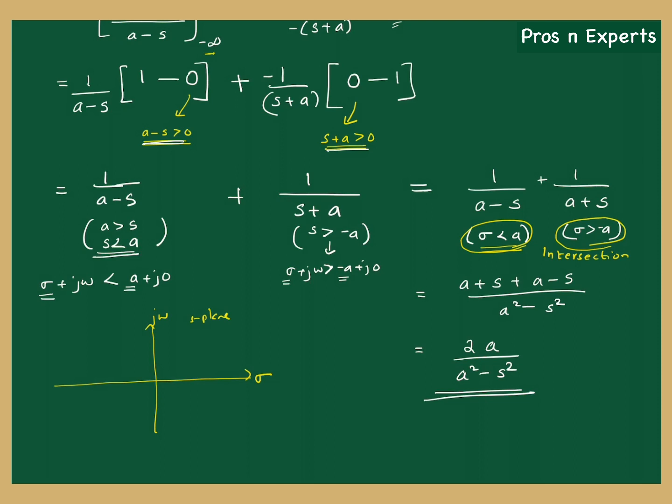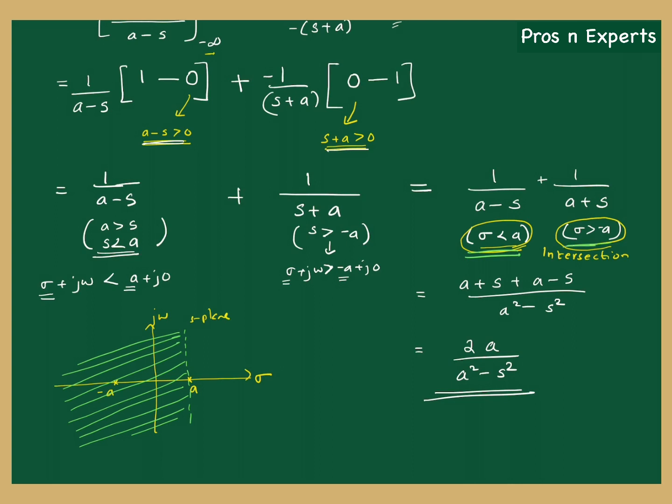Sigma less than A means, supposing A is a positive value and A is here, and this is minus A, the whole portion of the plane less than A is the ROC for the first term.